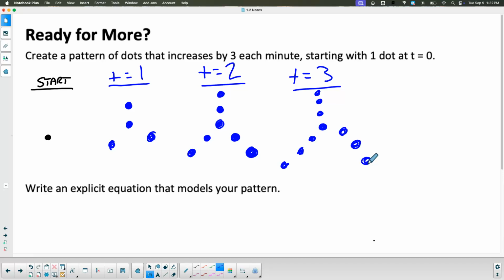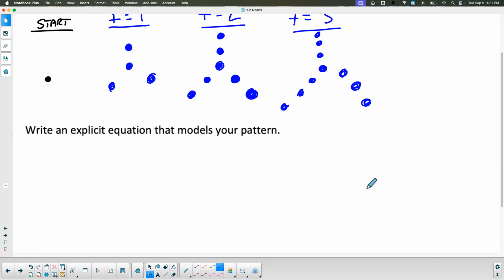What was our explicit equation for everyone's pattern? Everybody should have been 3n plus 1, because we all started at 1, and our rate of change was plus 3 every time. All right? Love it.